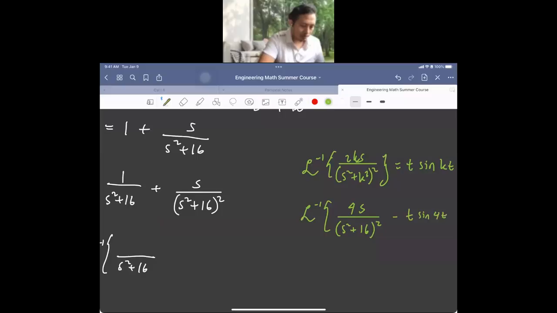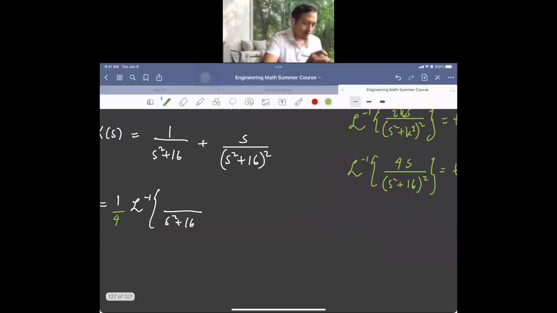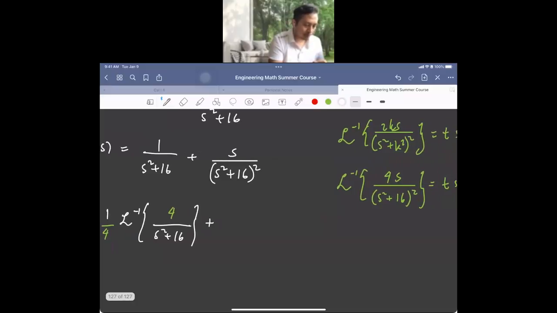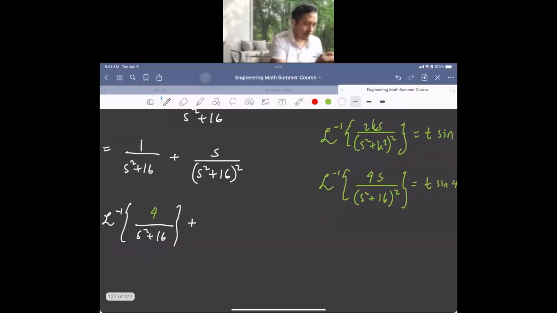Then this will be t sine 4t. And the next one we need to have is, well, it's not 4, it should be 8, because 2 times 4 is 8. Sorry.